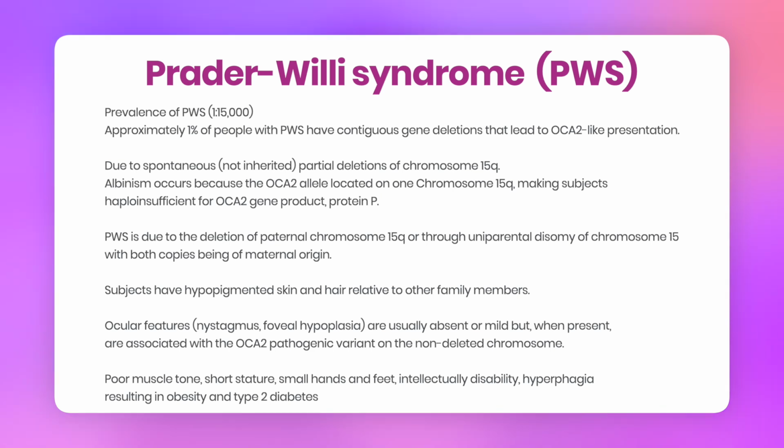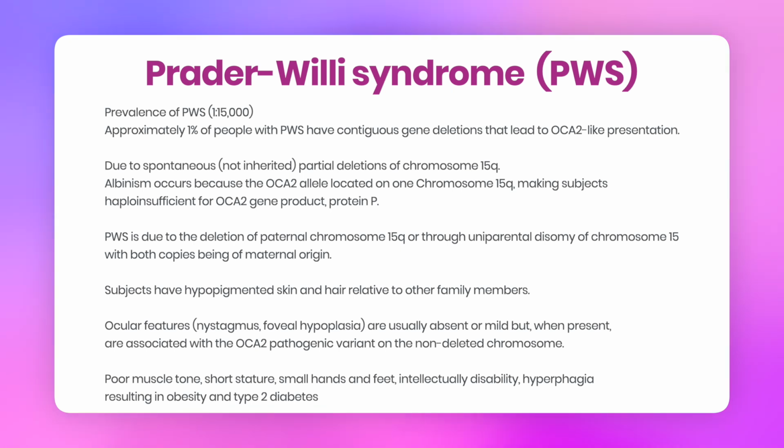Prader-Willi is also different. Again, it's a spontaneous deletion, and this usually involves deletion of the paternal chromosome 15q or a maternal disomy of chromosome 15. So a slightly different inheritance pattern, but again, 1% of people with Prader-Willi syndrome can have this gene deletion that gives an OCA2-like presentation.